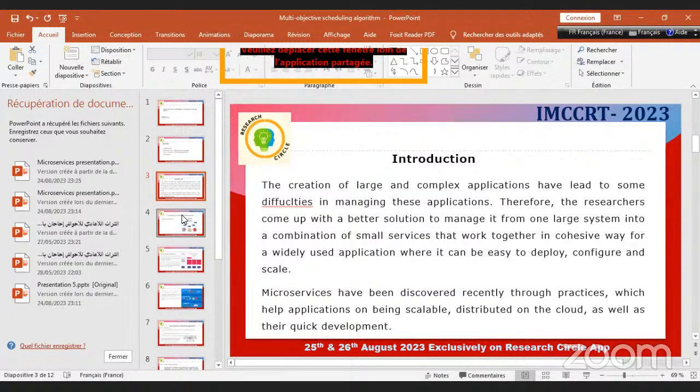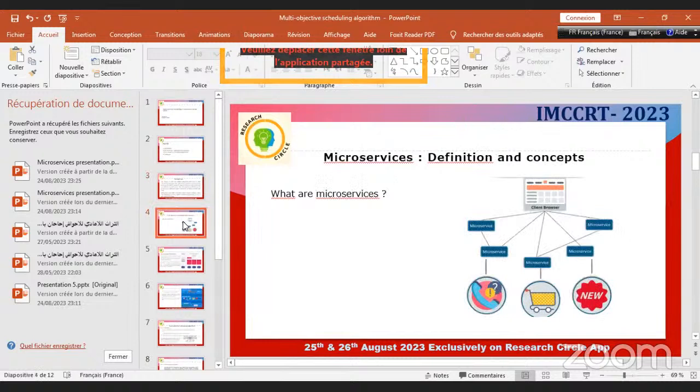We'll move on to microservices definition and concepts. So first, what are microservices? For instance, we have a client browser or a website. The client wants to access many services in a flexible way and in a shorter time. So the developer will try to implement the services one by one. This is called microservices.